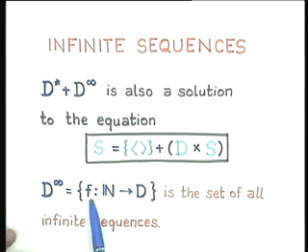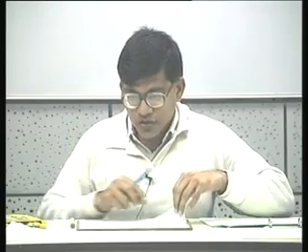Okay. So this function basically tells you what is the first element, what is the second element, what is the third element, and so on and so forth. So you can think of that infinite sequence as a function defined by enumeration, by an infinite enumeration.